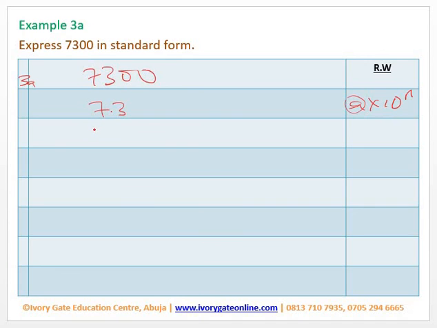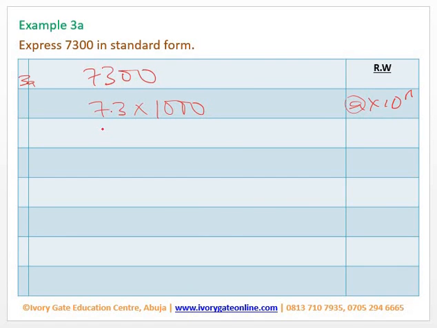Okay, so usually what this is, that if we take 7.3, it will be multiplied by 1000 for us to be able to get this back.